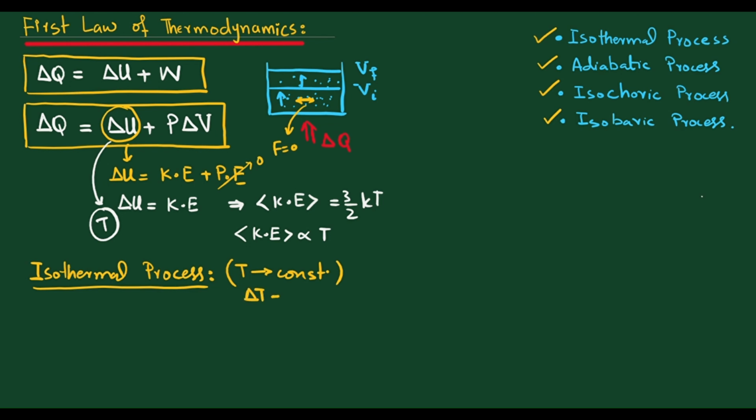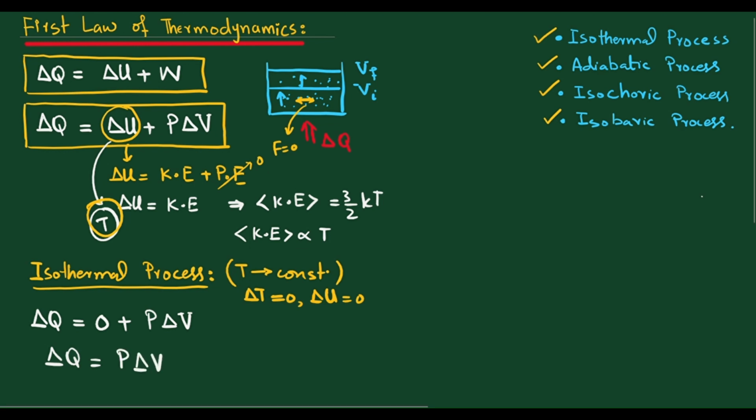It implies that the change in internal energy will also be zero, because the internal energy only depends upon temperature. Then for the isothermal process, the first law of thermodynamics will become delta Q is equal to 0 plus P delta V, so delta Q is equal to P delta V. All the heat we provided to the system goes into the work done. There is no change in internal energy for the isothermal process.